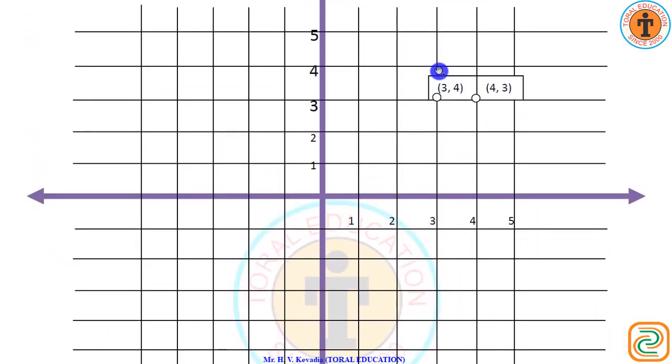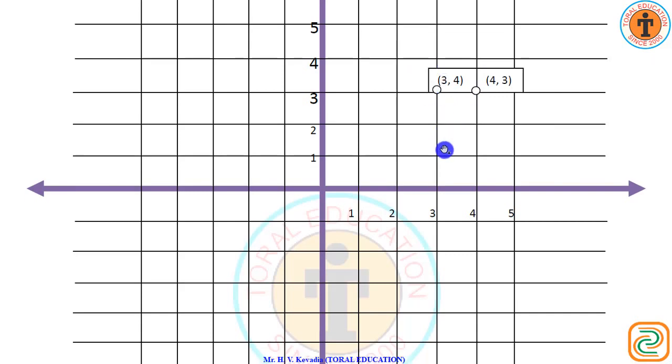This point should be here because this is 3 and this one is 4. This is 4/3, this is 3/4. Right? These are 5 streets in each direction, and each is 200 meters apart.